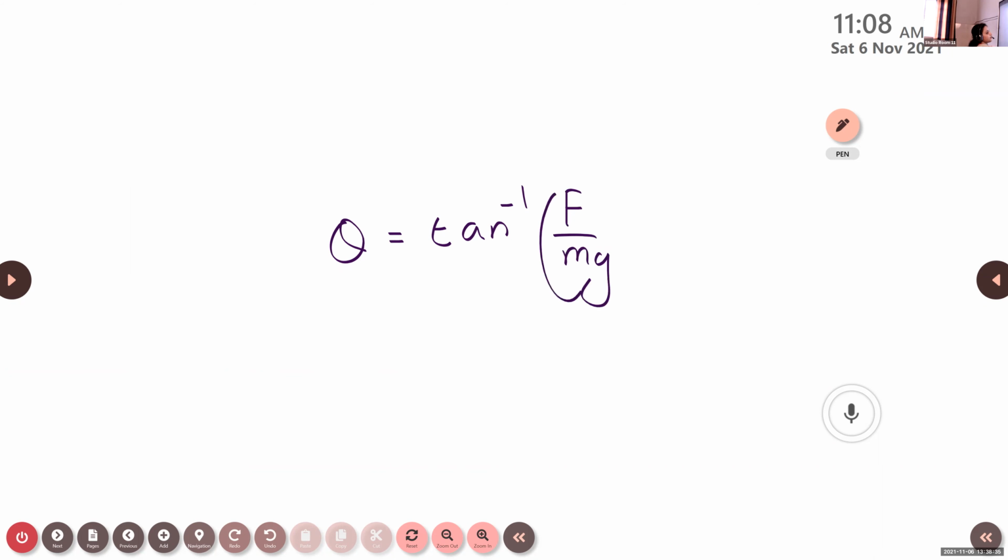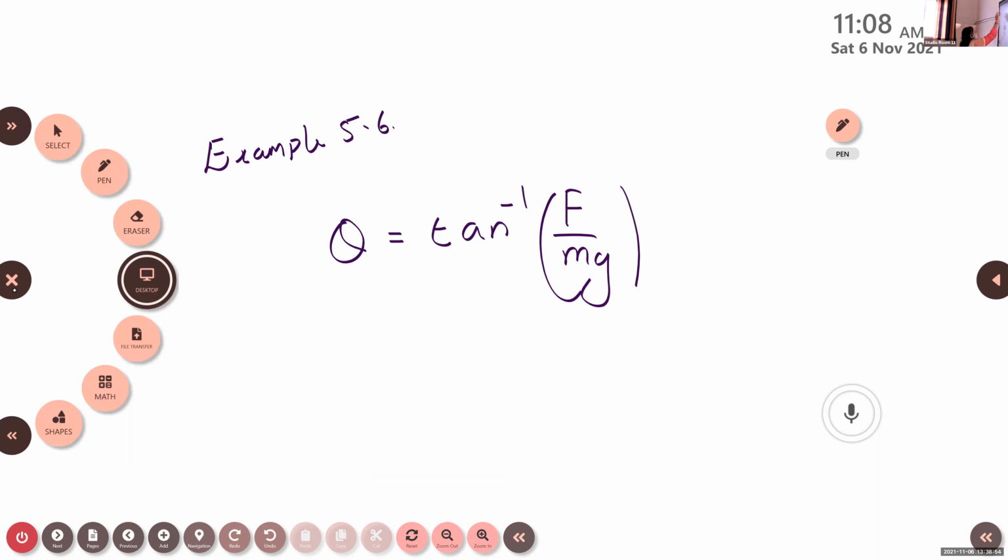Based on that, in your textbook you have a solved example on page number 99, example 5.6. We can discuss that question here based on this equation.